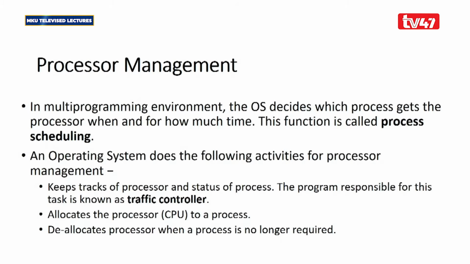Remember, all the activities of the computer system are carried out in the central processing unit, the brain of the computer. Therefore, it's the job of the OS to determine which process gets to utilize the processor, and for how long. It's very important. It's also the function of the OS to schedule the processes so that not one process hogs the CPU or uses the CPU for a long time.